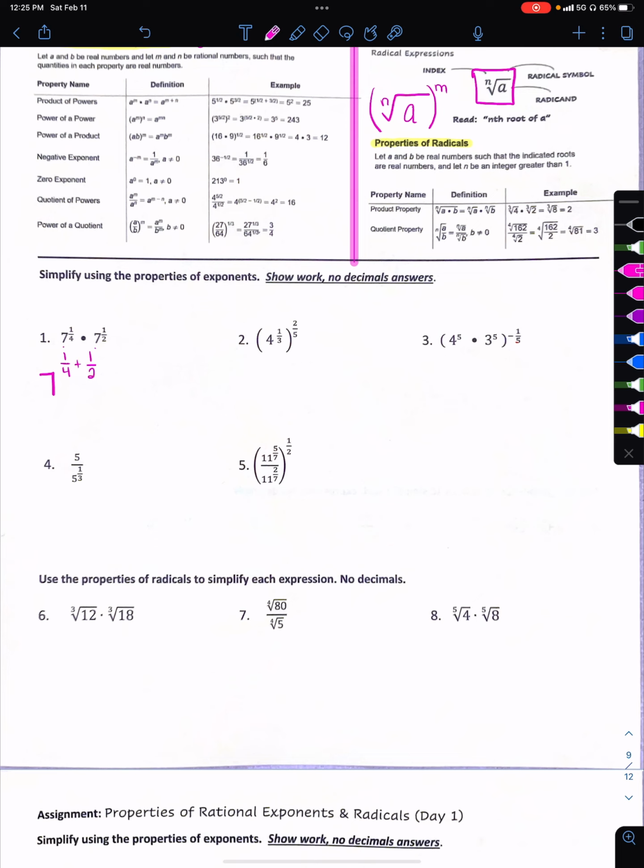Now, before we can add the exponents, because they're fractions, they need to have a common denominator. So their common denominator would have to be 4. So that would give me 7 to the 1/4 plus 2/4. When I add those together, that gives me 7 to the 3/4 power.